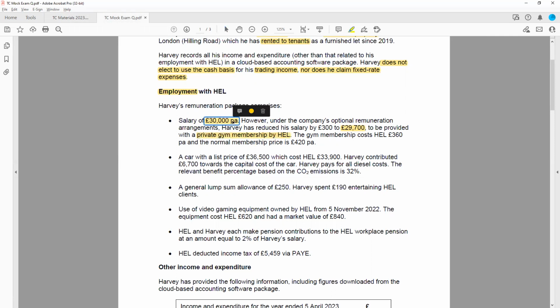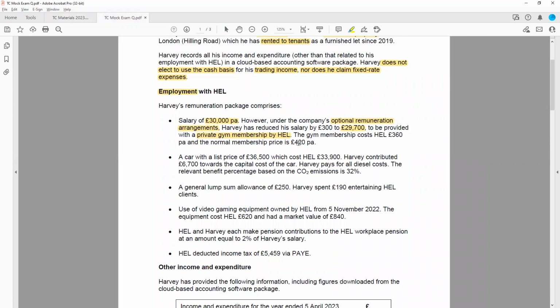So he gets a salary of 30,000 at his employer, they've run this optional remuneration arrangement, and what he's clearly agreed to do is give up £300 of his salary, and instead his employer is going to provide him with a private gym membership. So maybe they've paid for him to have a membership at David Lloyd, Virgin Active, etc.